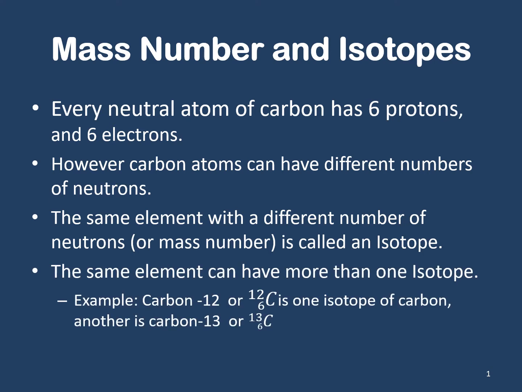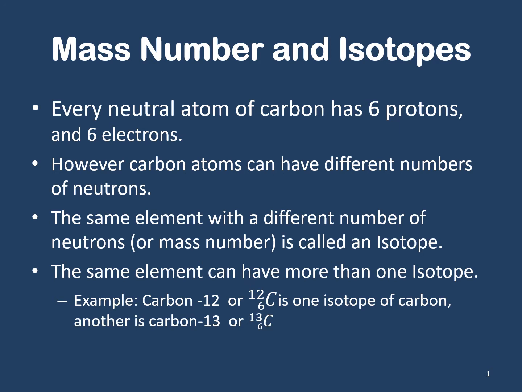So for instance, carbon actually has 3 major isotopes, and there's carbon 12. This 12 that we see dashed is the mass number. So we can write its symbol as 12, 6, element C. That is one of the most common isotopes of carbon, and by far most carbon atoms are carbon 12.